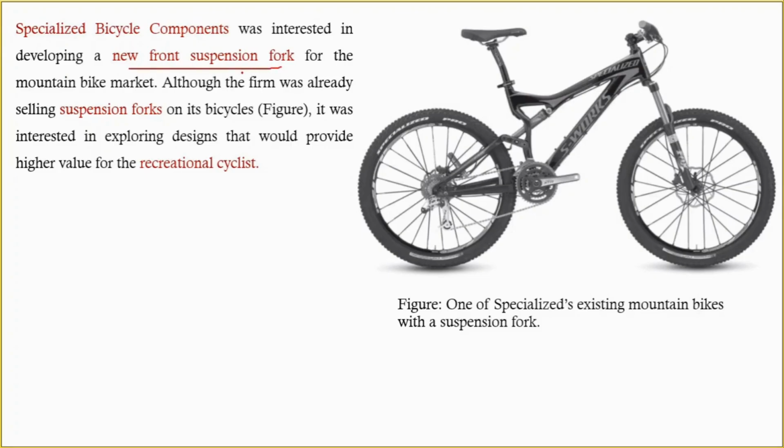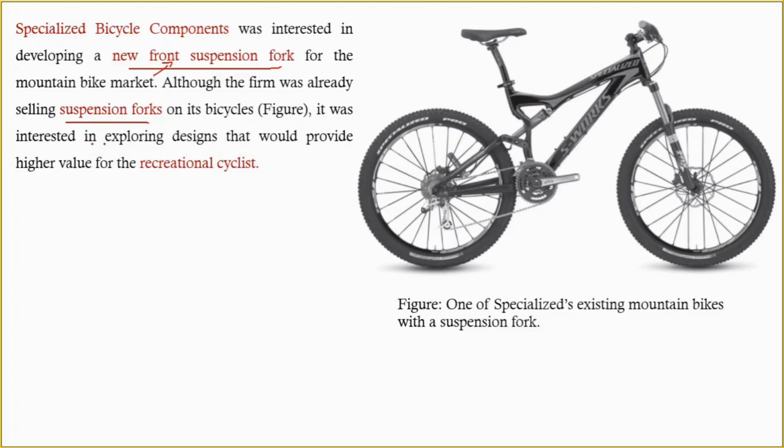That is their problem. They want to create a new front suspension fork for the mountain bike market. Although the firm was already selling suspension forks, meaning they already have a suspension fork, they want to launch a new front suspension fork as shown in the figure.